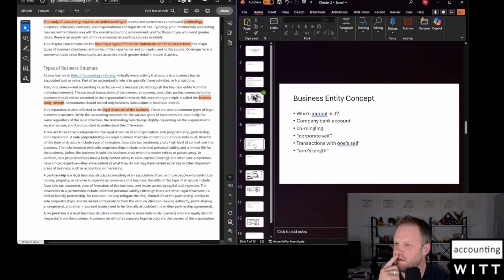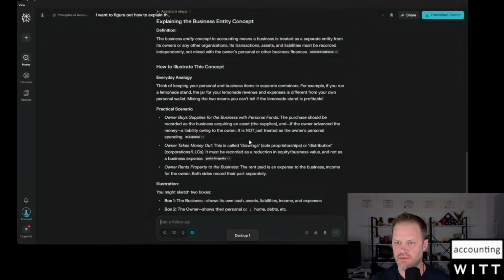So why is it important to know this business entity concept? Can't type. So why is it critical to understand this concept?